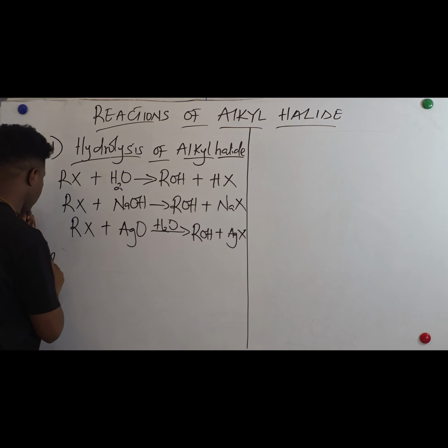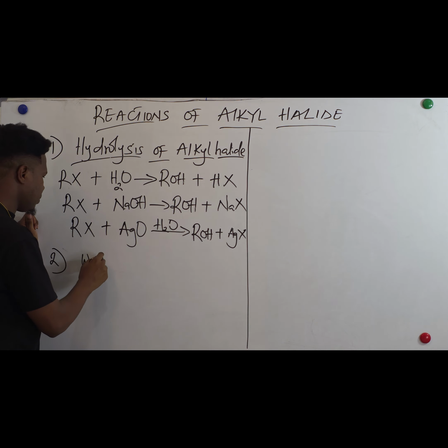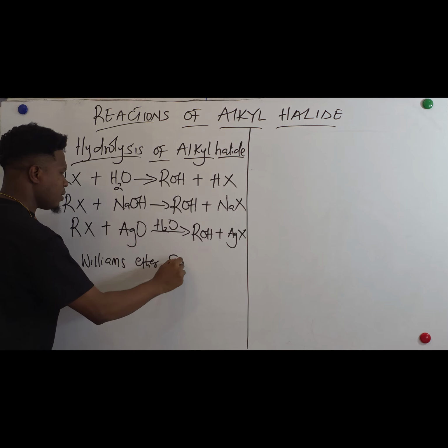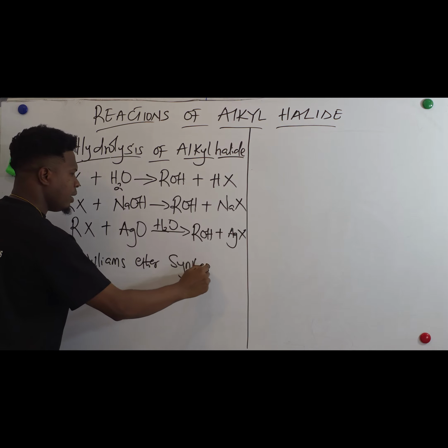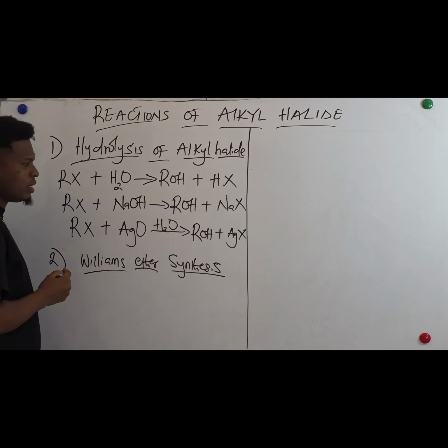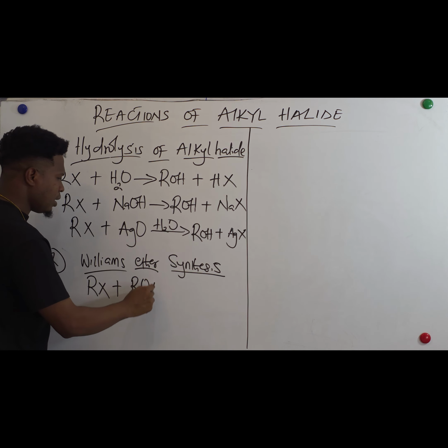Number 2, we look at Williamson ether synthesis. Okay, so the reaction of alcohol leads to what we call the Williamson ether synthesis. So this is a reaction of an alkyl halide with what? An alkoxide.